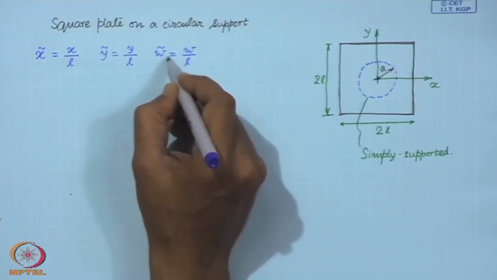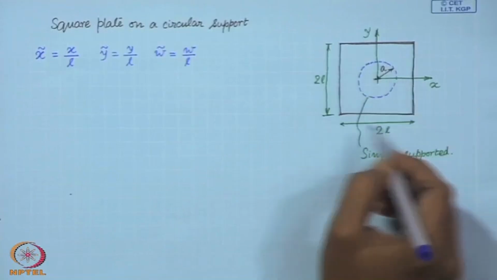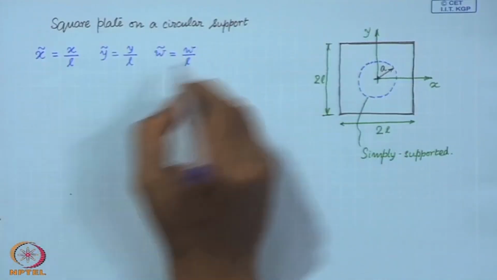Similarly, the field variable W, which tracks the transverse displacement of the neutral plane, is also non-dimensionalized with L.